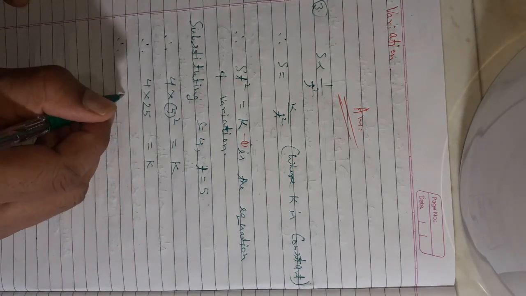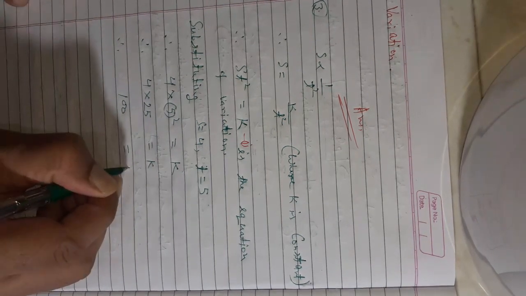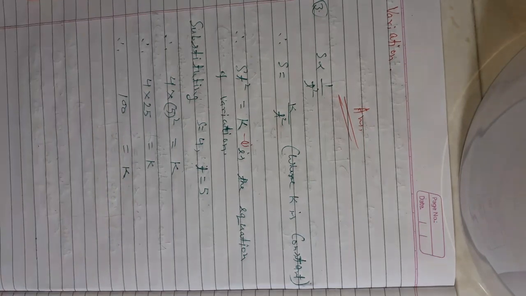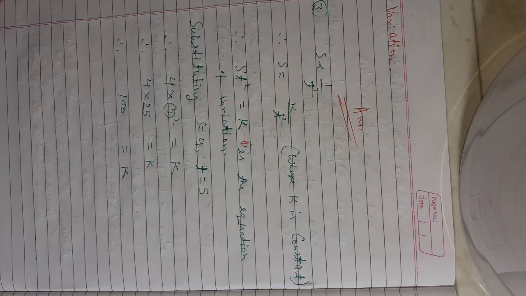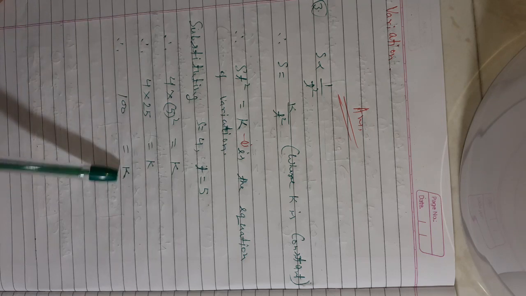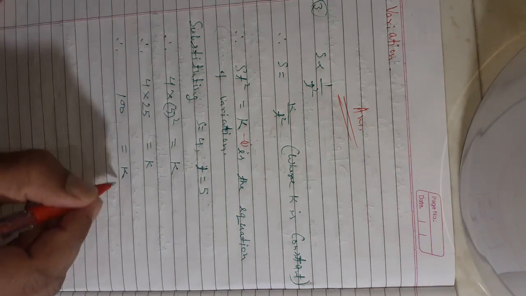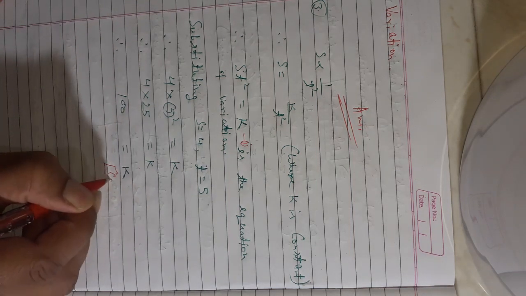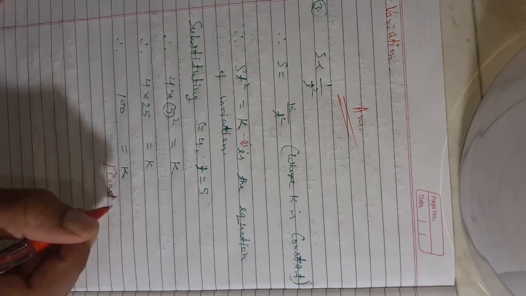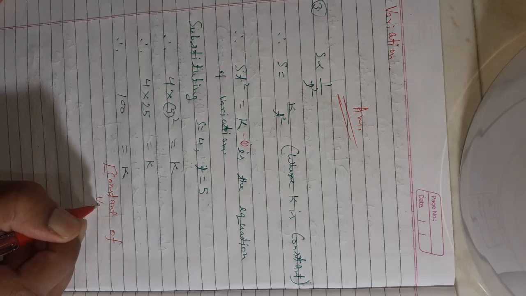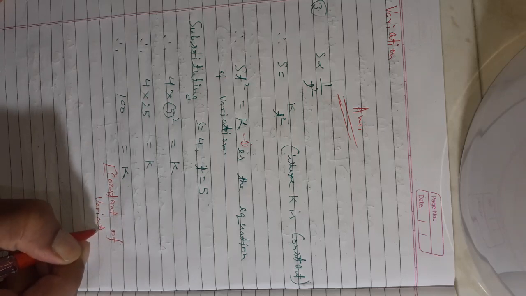Therefore 4 into 25, that is 100, is equal to k. Clear? So 100 is equal to k. This is the constant of variation.